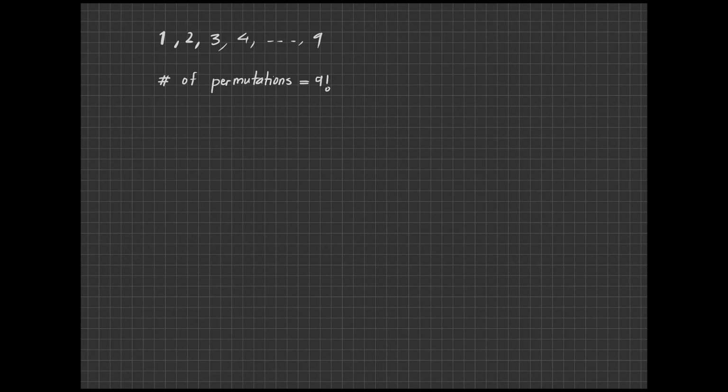But I don't want to have 1 and 2 immediately next to each other. So one way to think is that let us count the number of permutations in which 1 and 2 are adjacent, and then take it off from the total number. So what is left is the number of permutations in which 1 and 2 are not adjacent.